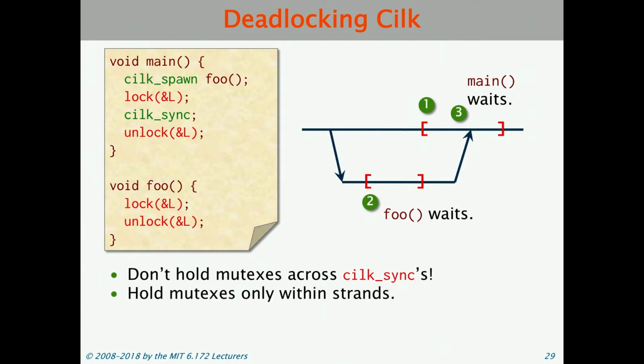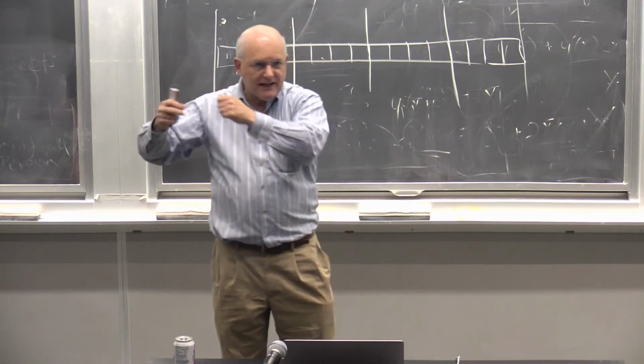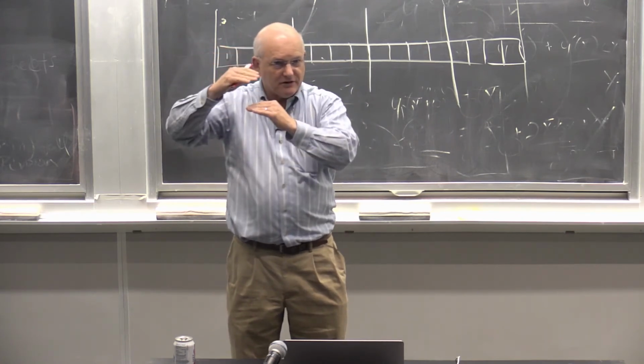A good strategy is only holding mutexes within strands. There's no parallelism there, so you have it bounded. That's also a good idea generally because you want to hold mutexes for as short an amount of time as you possibly can. For example, if you have a big calculation and then you want to assign something atomically, don't put the big calculation inside the critical region.